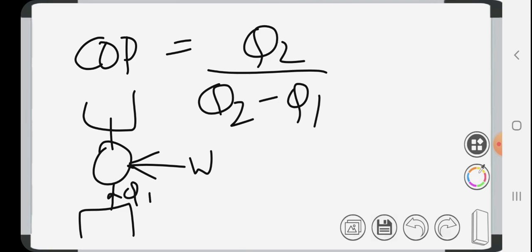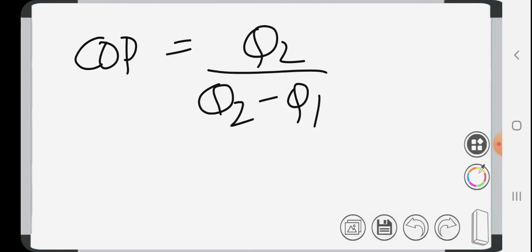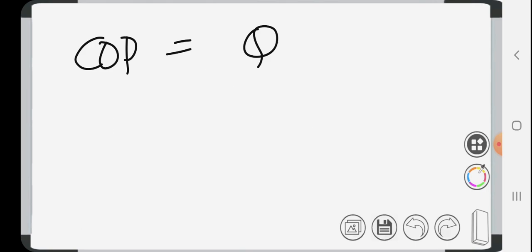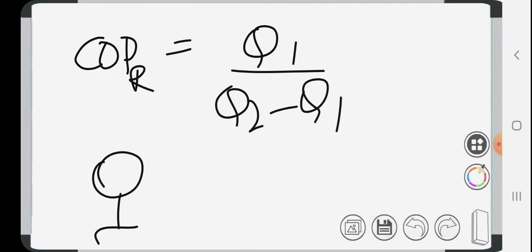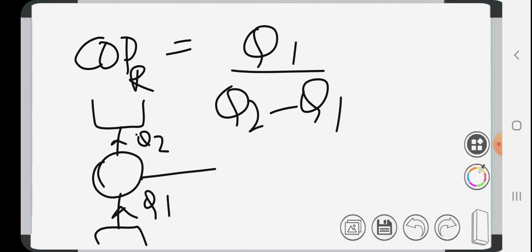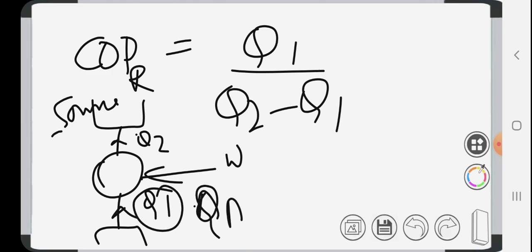Actually, for refrigeration it was Q1 by Q2 minus Q1. Our figure was like this: Q1, Q2, W. Here the source is T1, and this is nothing but QA, Q absorbed.